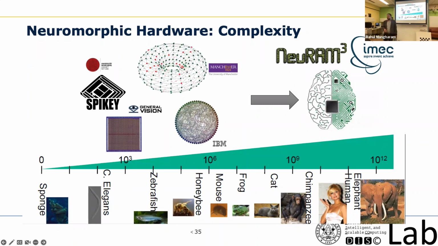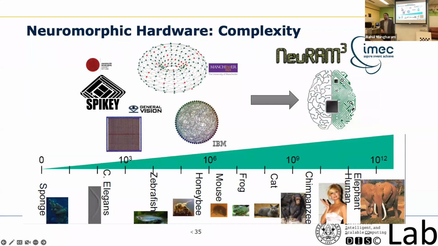But 1 million neurons is not just 1 million neurons. It's 1 million neurons with 10 million synapses. If fully connected, it would be 1 million times 1 million connections, but you don't have fully connected neurons. Usually it's 10 million.